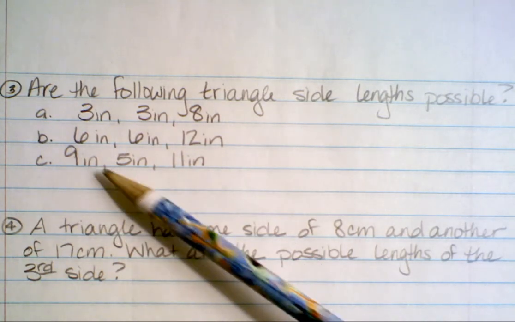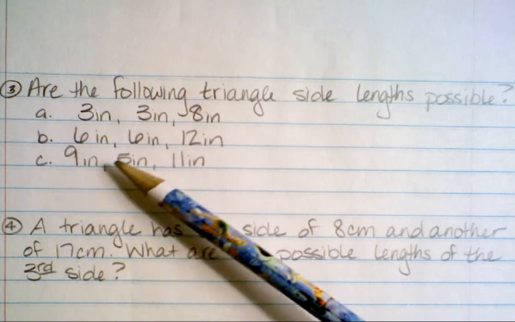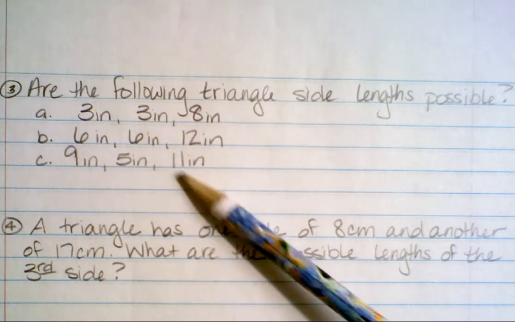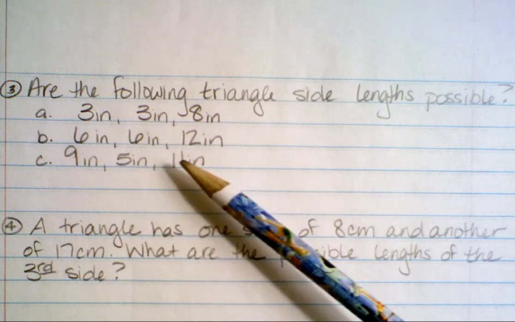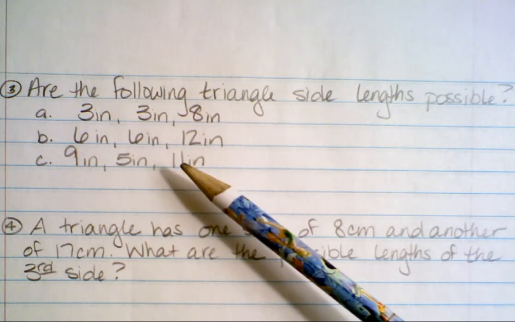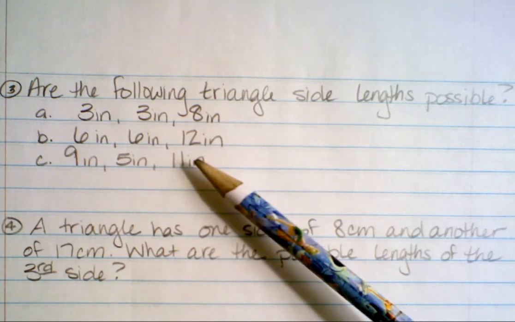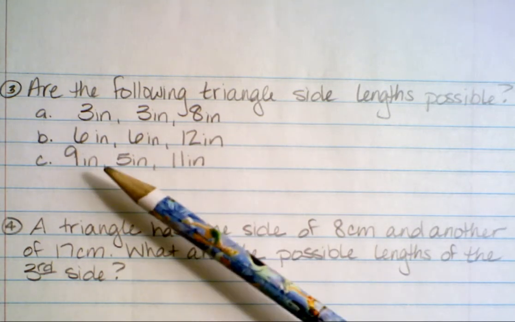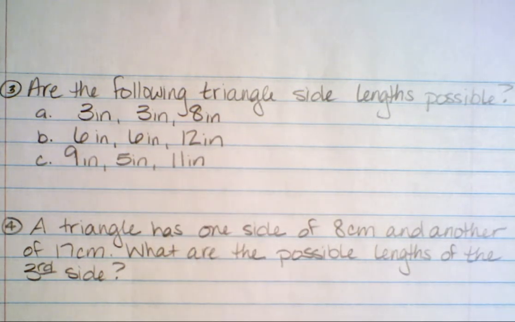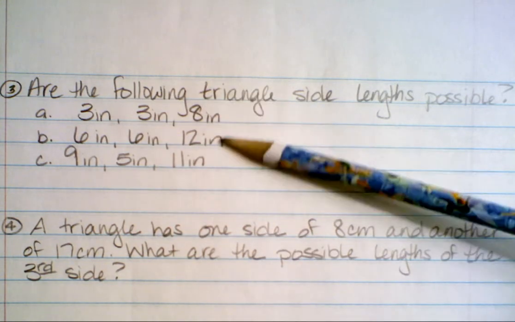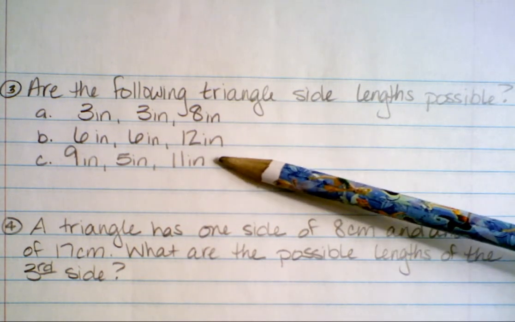Here I have a 9, 5, 11. Well, 9 plus 5, that's 14. That's more than 11. 5 plus 11, well, that's 16. That's more than 9. And then 9 plus 11 is 20, and that's definitely more than 5. So this is a triangle. So A and B are not triangles, and C is a triangle.